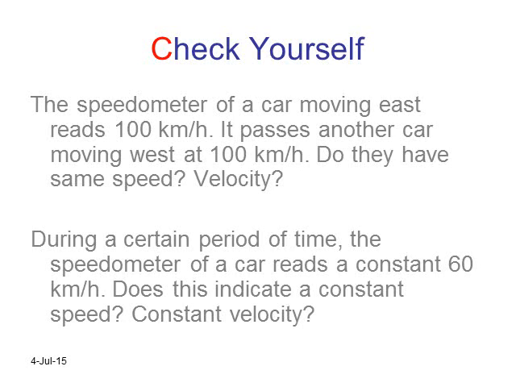Okay. During a certain period of time, the speedometer of a car reads a constant 60 kilometers an hour. Now, does this indicate a constant speed? As long as your speedometer is accurate, I'm going to go with yes. And then you're going to think, well, if it's still going 60 miles an hour, how can it not have a constant velocity? And the question becomes, is it going straight on the freeway, or is it making any turns at all?